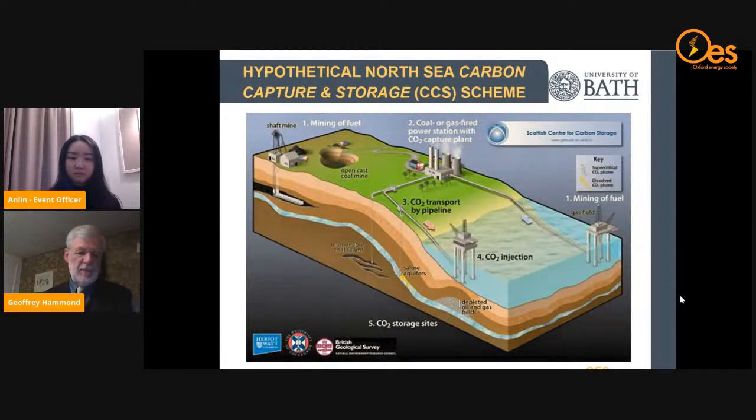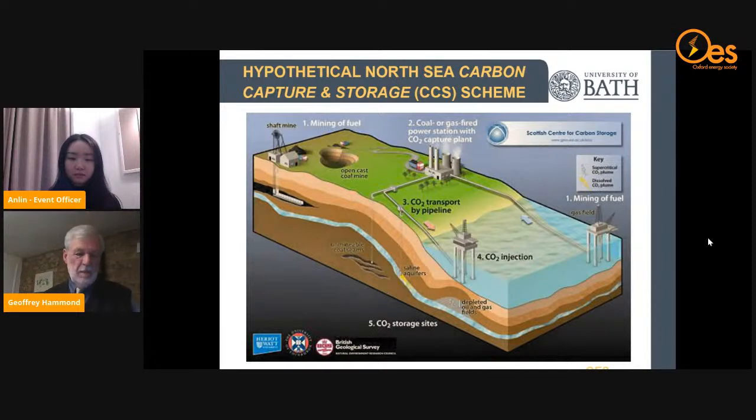Now, in addition to those power stations, certainly the fossil fuel ones, we need some other way of getting rid of the carbon dioxide from the power station. And this is a hypothetical diagram produced by a research centre in Scotland, which shows, in this case, a coal or gas-fired power station.